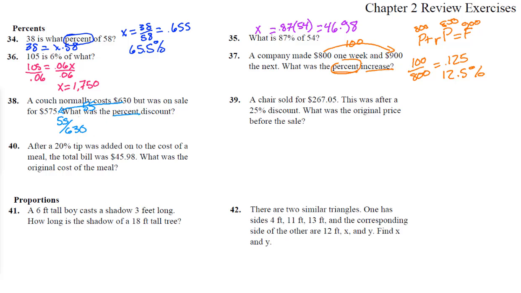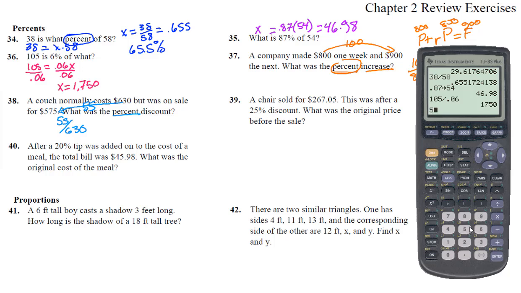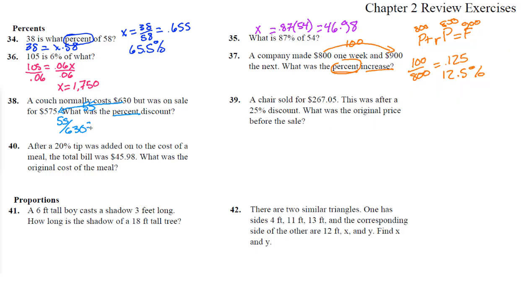Let's punch that in and see. 55 divided by 630 is 0.0873, so that's, move it 2 decimal places, 8.73. If we round to 1 decimal place, 8.7% discount.